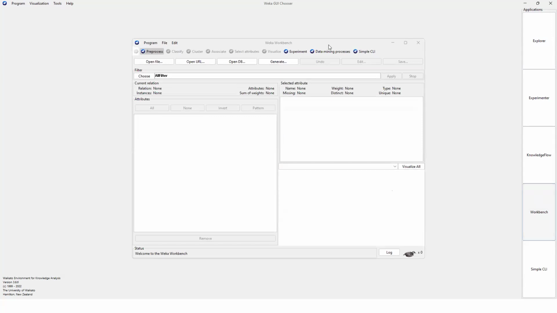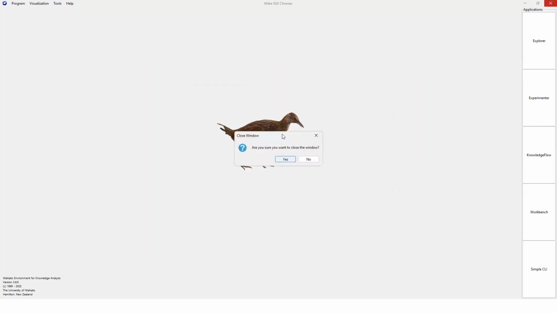We can implement all the machine learning algorithms here: classification, clustering, association rules. I'm not going to work with many applications, just a little bit of idea about how to work with them.